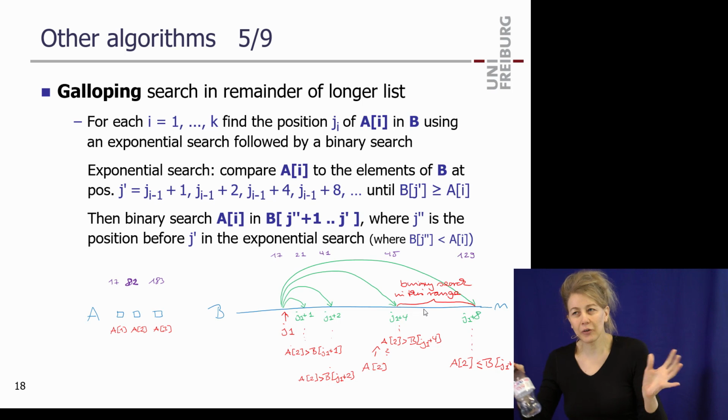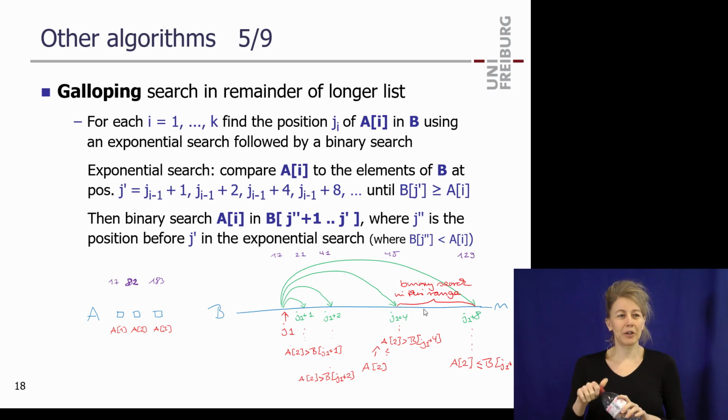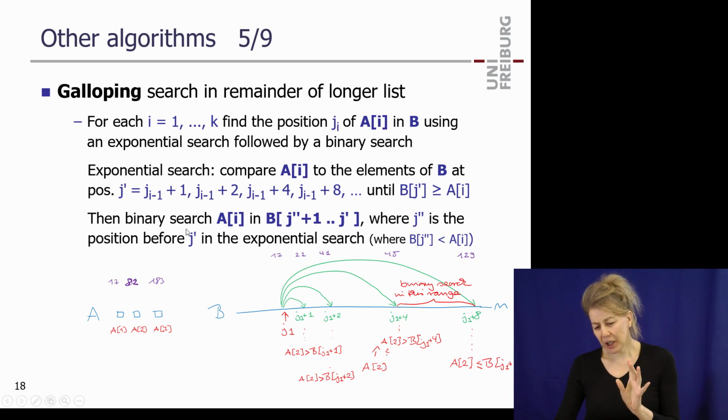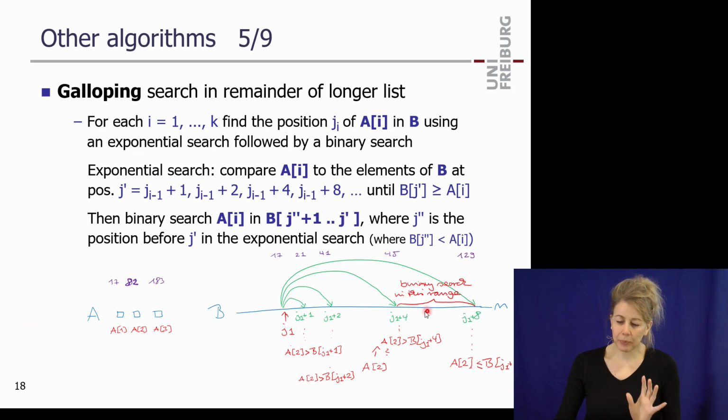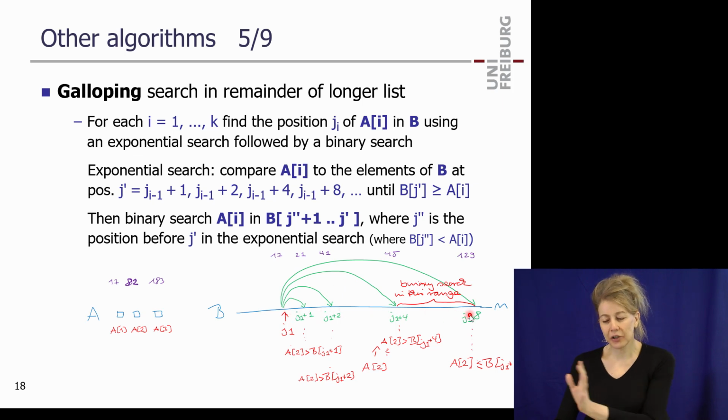All the details you have to look at yourself anyway, because you have to prove something about this. I haven't said it, but I hope it became clear: what's the point of all this? The point is that you want to avoid searching the whole remainder of the list.